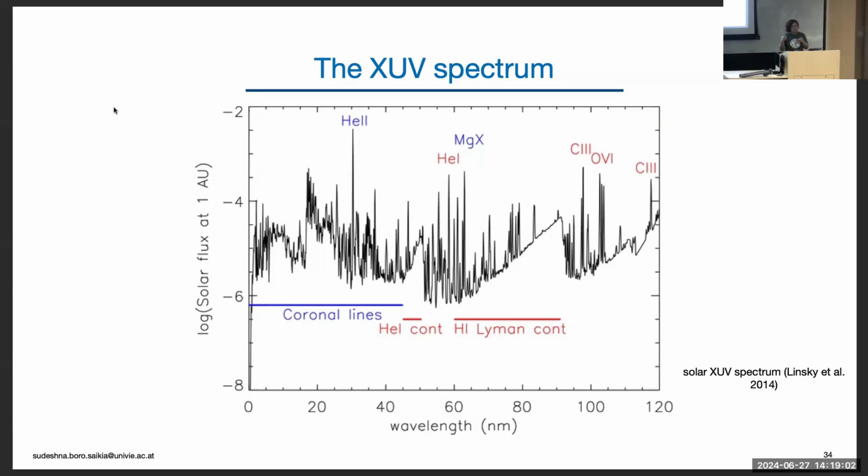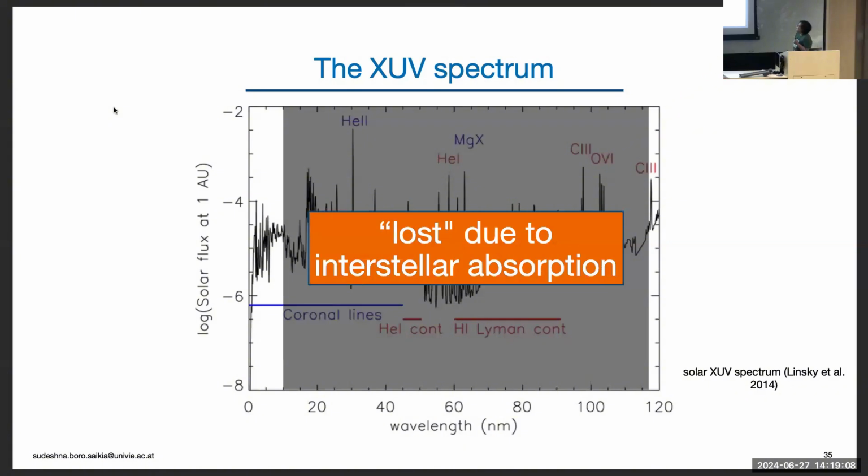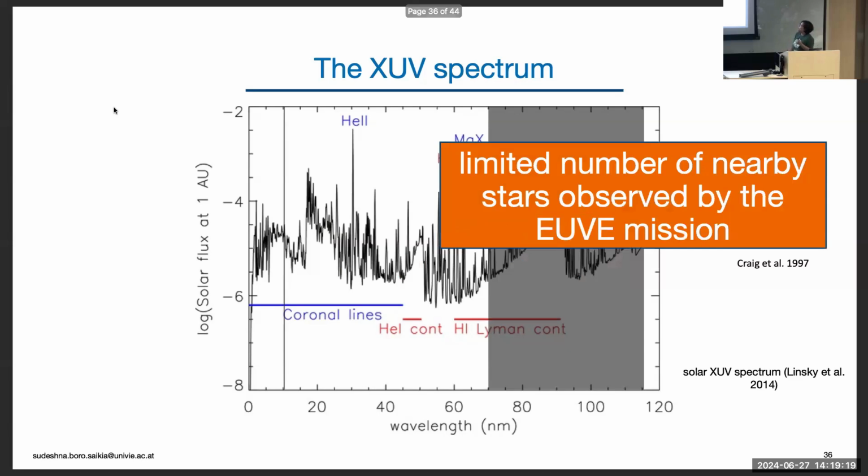Now, if you want to do the same exercise and try to observe this in other stars, as we all know, we cannot really do this for a wide range of cool stars, primarily because of neutral hydrogen that absorbs at these wavelengths. So what can we do? Well, there was a mission in the past, the EUVE, which did observe in this particular wavelength range for a limited number of nearby stars.